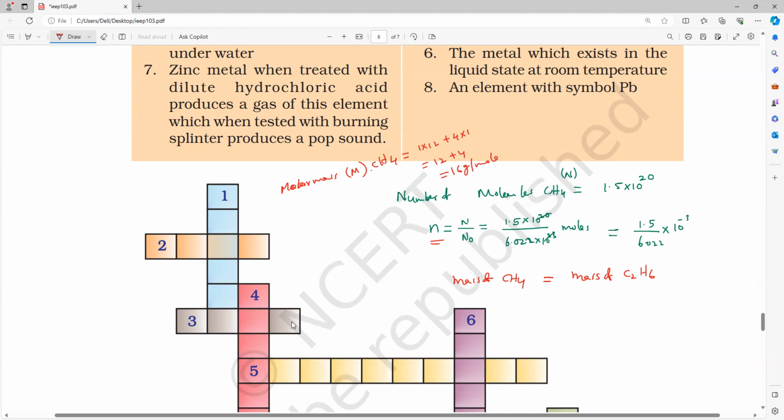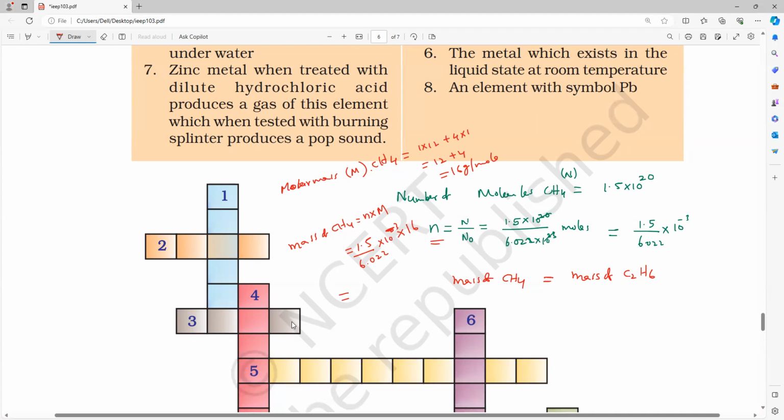So the mass of methane is equal to the number of moles into the molar mass. Number of moles is 1.5 divided by 6.022 into 10 power 23, sorry, 10 power minus 3, and the molar mass is 16. So do this division and tell me.